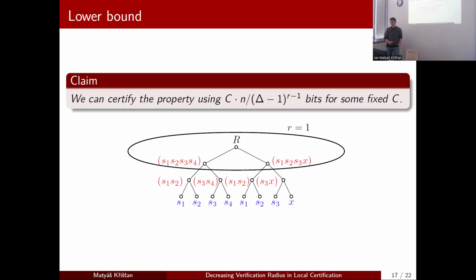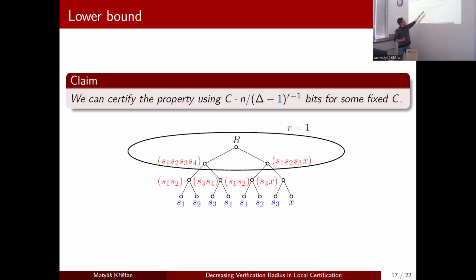So the way to certify this property is simple. On the certificates, we can basically write the whole string in the subtree, like it is here. Each node then just has to check that the string written on it is the concatenation of the strings in its children. So this is what everyone does.